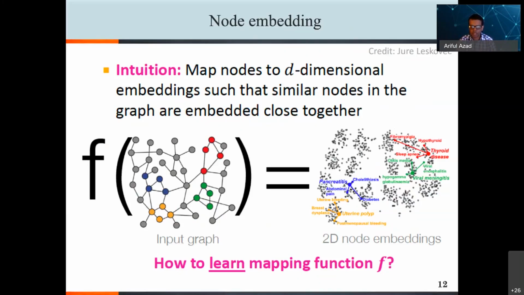For example, here, say two red nodes in the original graph are from the same class. Then after we embed them in the embedding space, they should be placed close to one another.